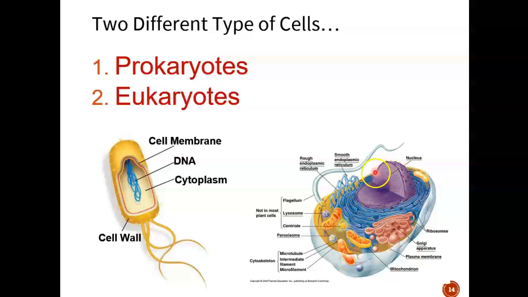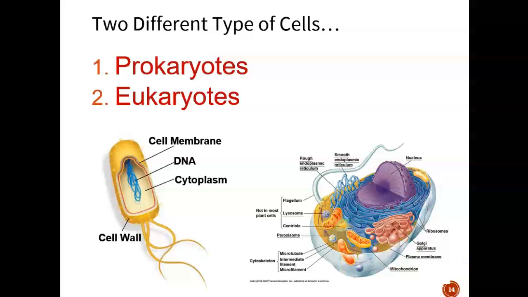If the DNA were just to be allowed to be freely floating throughout this complicated structure, you'd get a lot of mistakes made in the copying of DNA, which is what has to happen when you're going to replicate. This structure is very simple, and it has no need to contain the DNA. It's just this and some ribosomes, and that's really all that's on the inside. A couple of other small organelles.